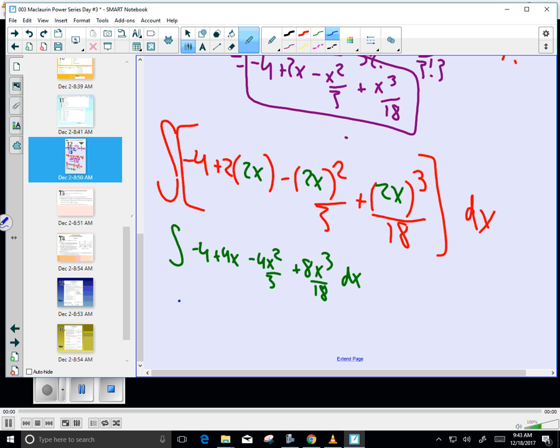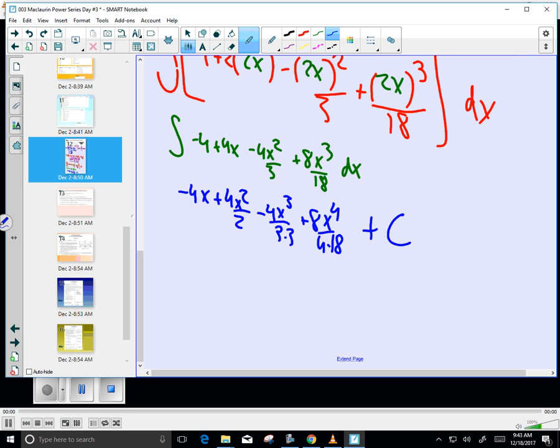And you're going to get negative 4x plus 4x squared over 2 minus 4x cubed over 3 times 3 plus 8x to the 4th over 4 times 18 plus what? Yes, plus c. You can find out what that plus c is. And we're going to do it.